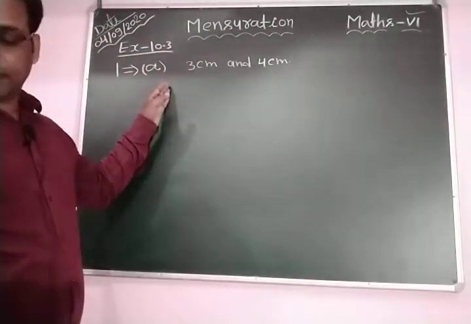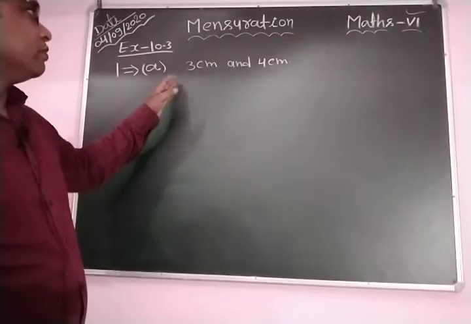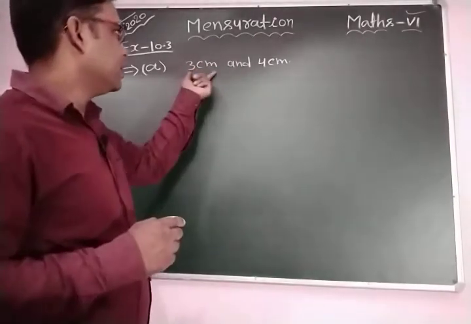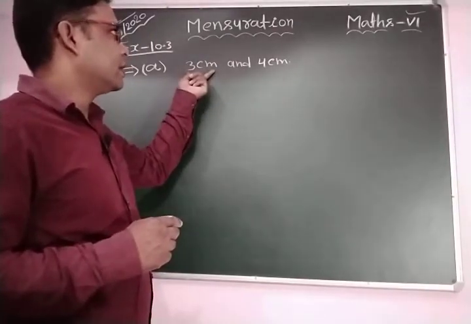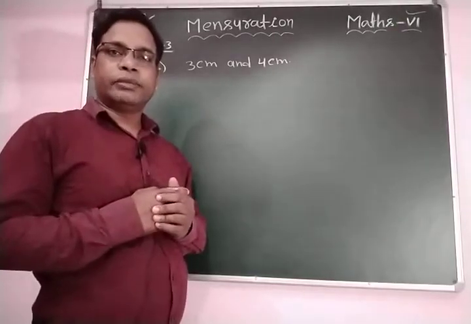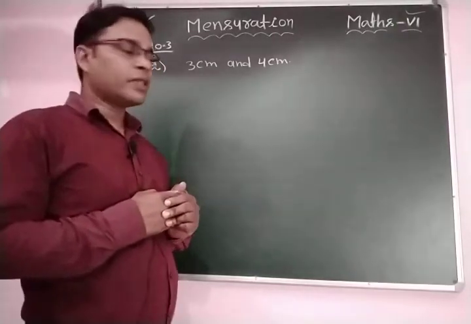We find the area of a rectangle whose sides are given here, 3 centimeter and 4 centimeter. This is the breadth of the rectangle and this is the length. The greater side is the length and the smaller side is the breadth.